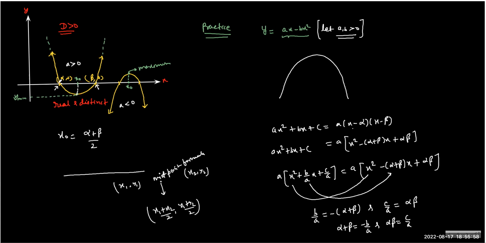It's like if you walk to location x naught, you can see the trough exactly below you. So x naught is the location, it is not the minimum value. There are 2 things: one is the location at which it is minimum, and the other is the minimum value. We obtain the location first. We are trying to find the location. Understood?